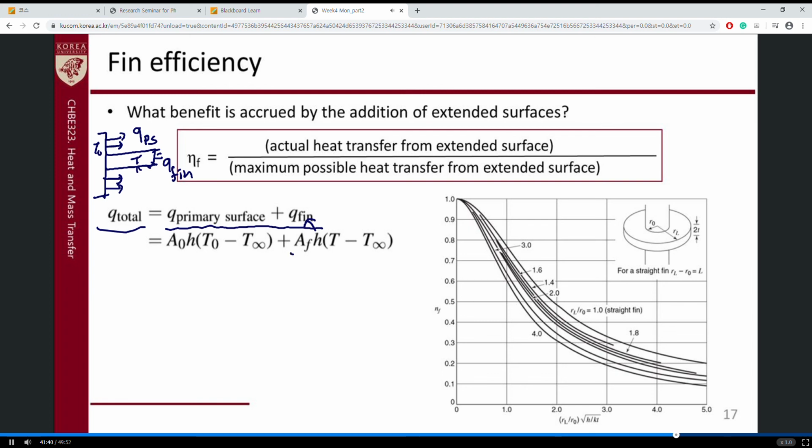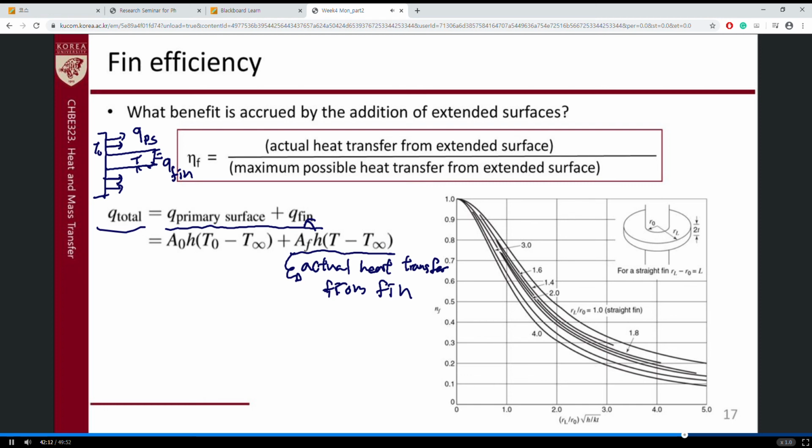So these are the portion of actual heat transfer from the fin, right? Good. So we will add the fin efficiency.